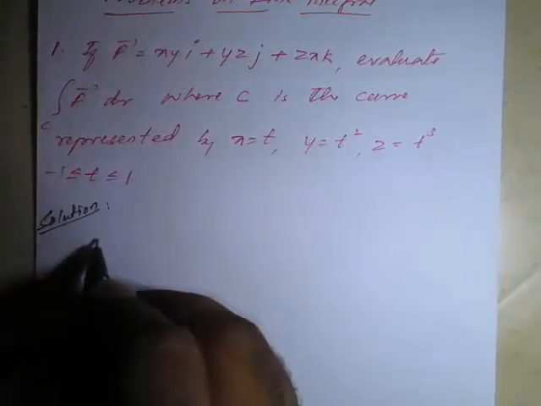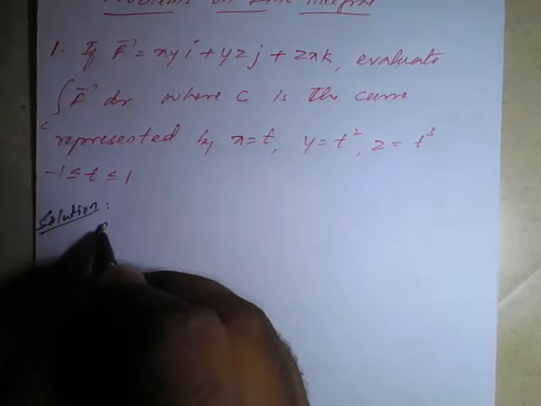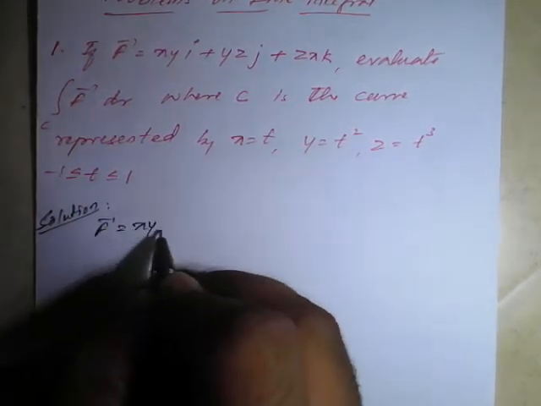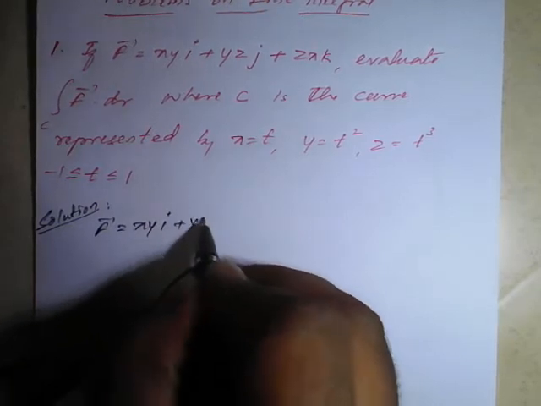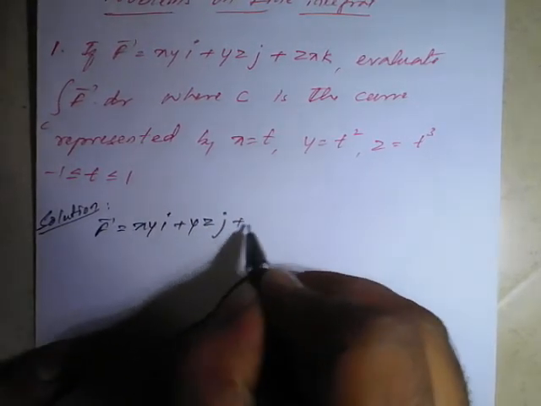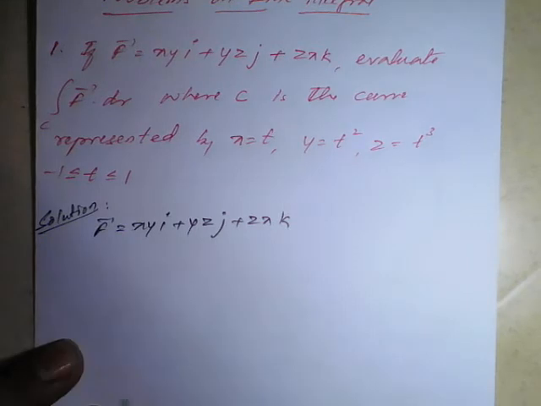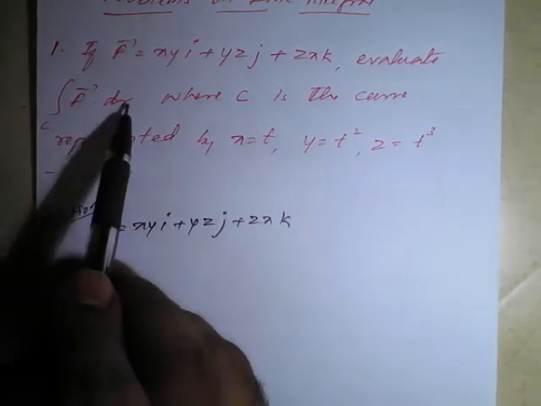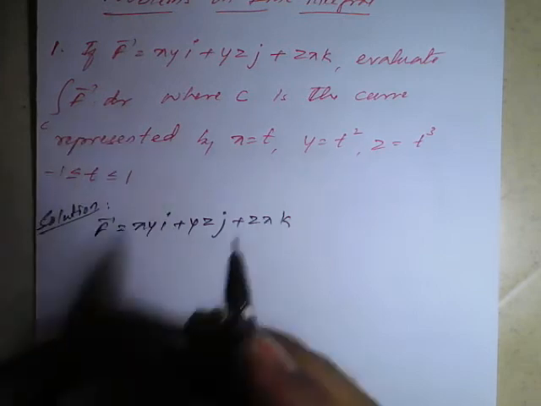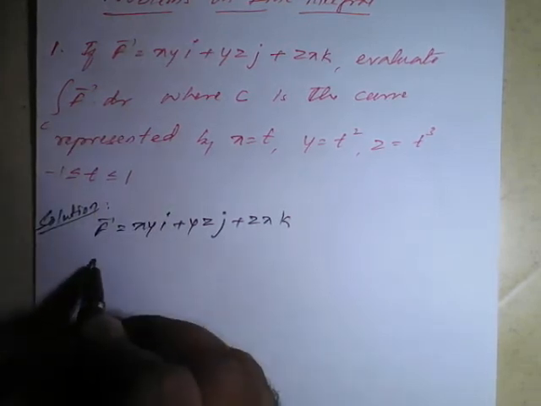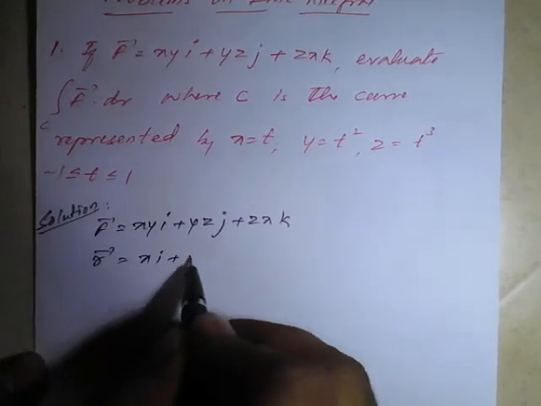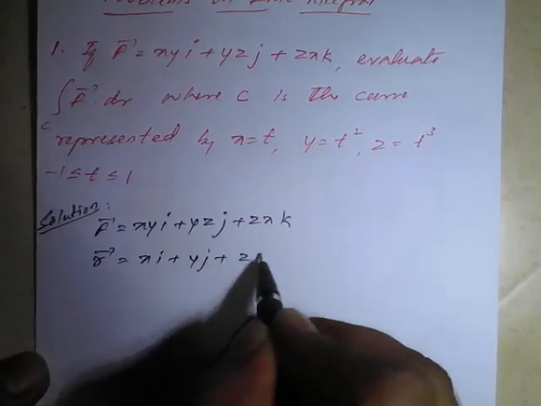Solution. So given vector F is xy i plus yz j plus zx k. So to evaluate vector F dot dr, before that I will mention for the first problem, vector r is nothing but x i plus y j plus z k.